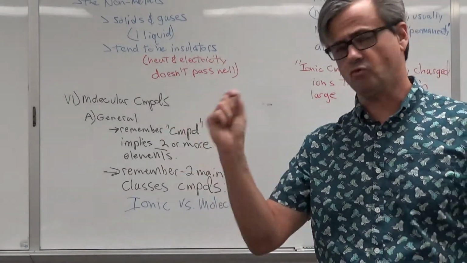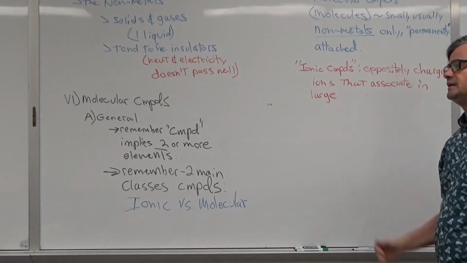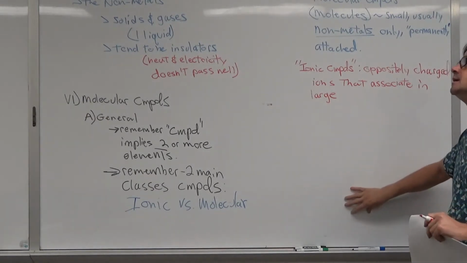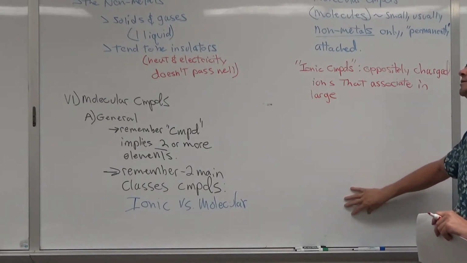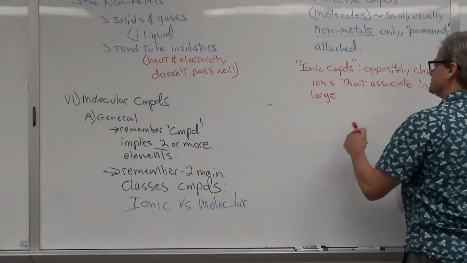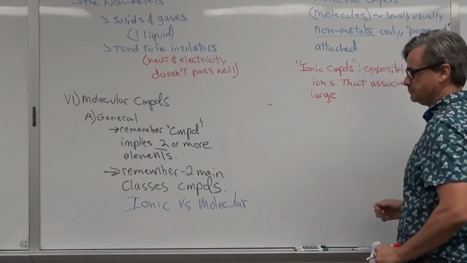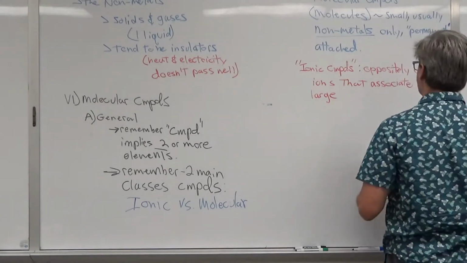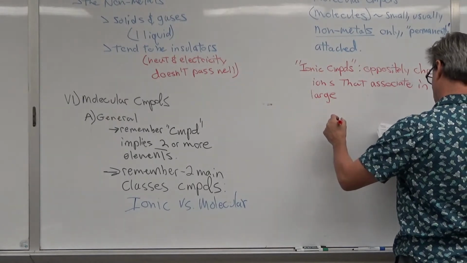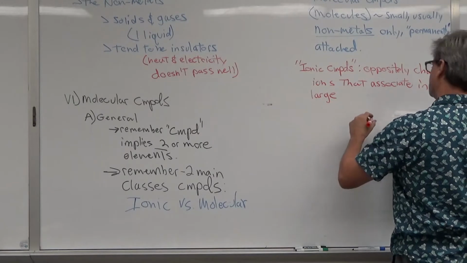I mean an individual grain of table salt. How many sodiums is that? It's probably like 10 to the 20 sodiums, whatever that number is. That one grain of not even Hawaiian salt, thin salt. Oppositely charged ions that associate in a large group through electrostatic attraction.